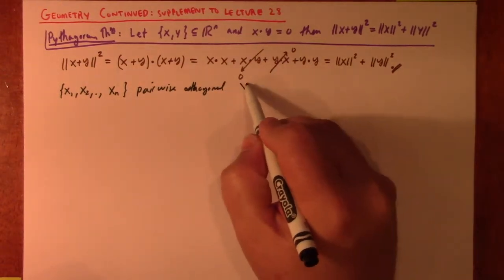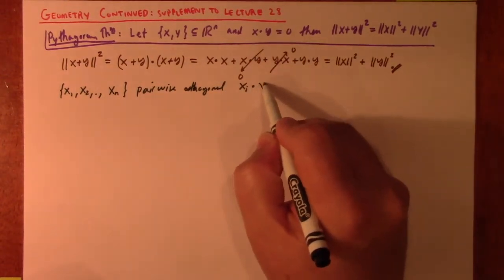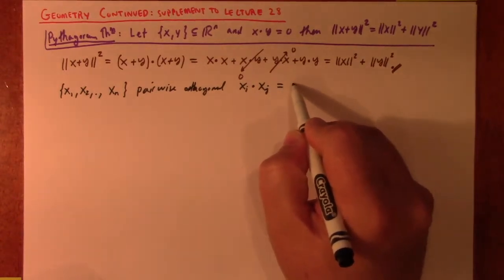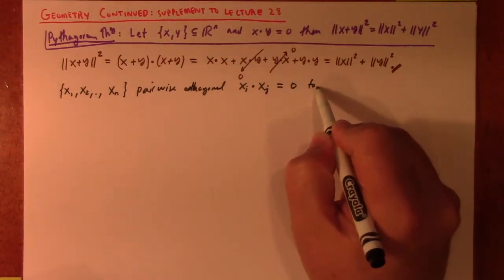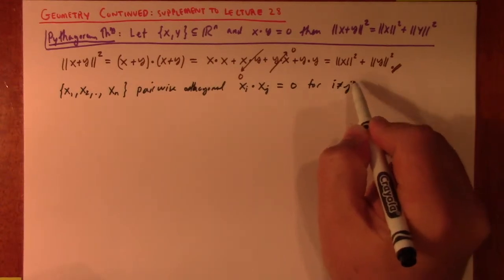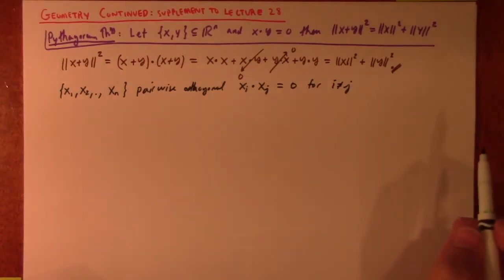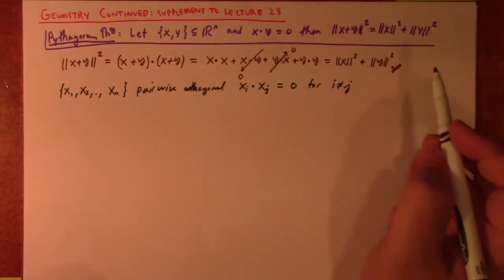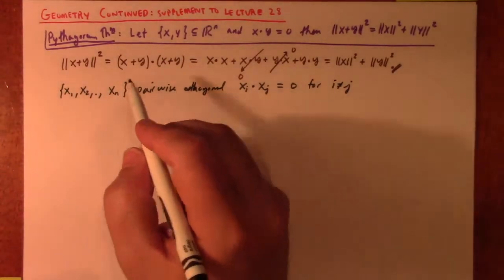So xi dot xj is equal to 0 for i not equal to j, then I guess you could just directly calculate it probably.